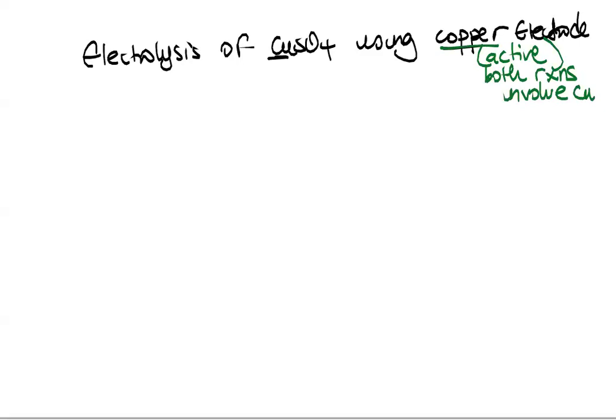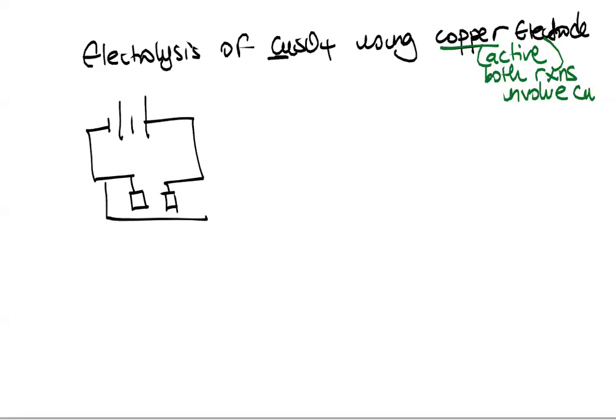If both of them have to be copper, one is gonna take electrons, one is gonna give up electrons. Let's check it out. This is what I'll draw in case they ask me to draw. I always practice it.